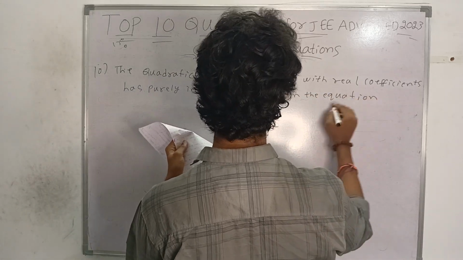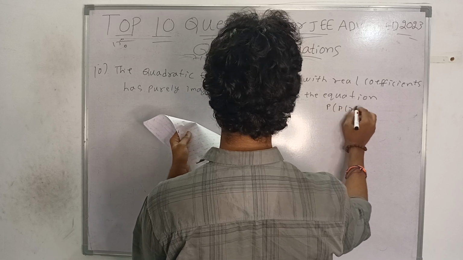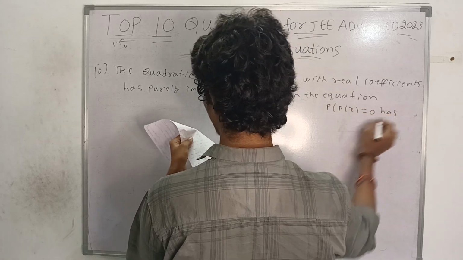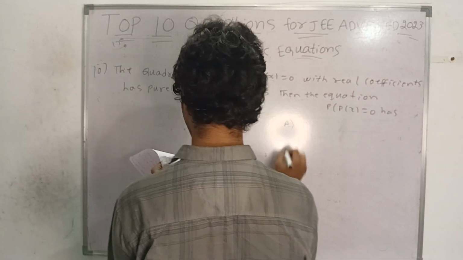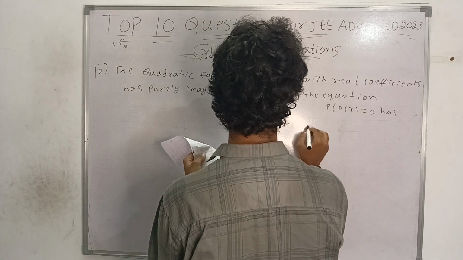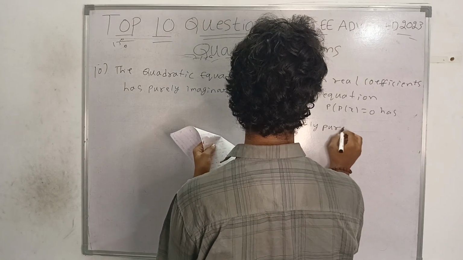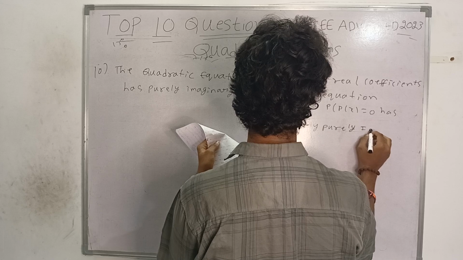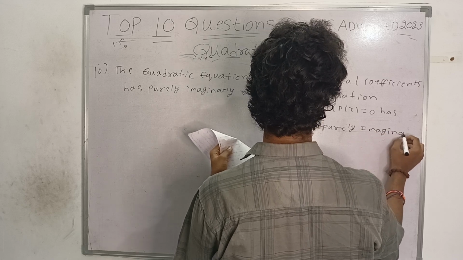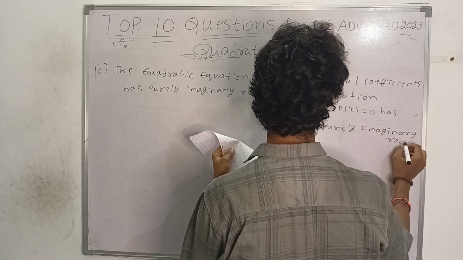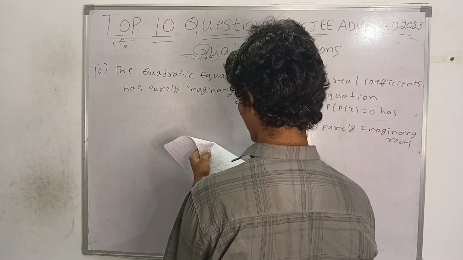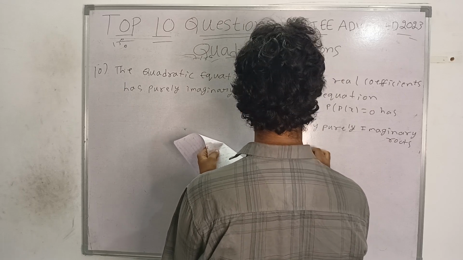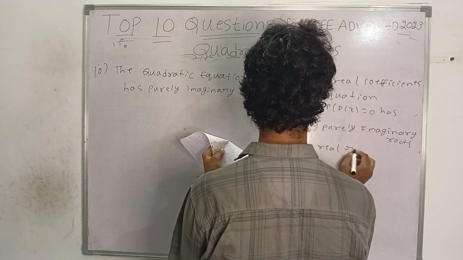then the equation P of x equal to 0 has: option A, only purely imaginary roots. Option B, all real roots.